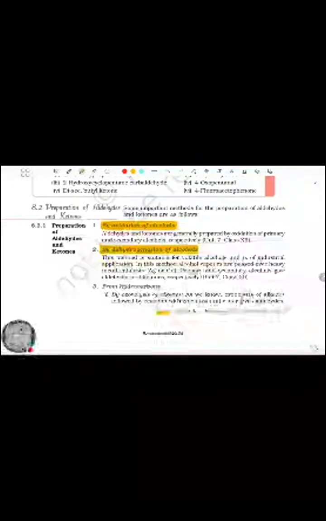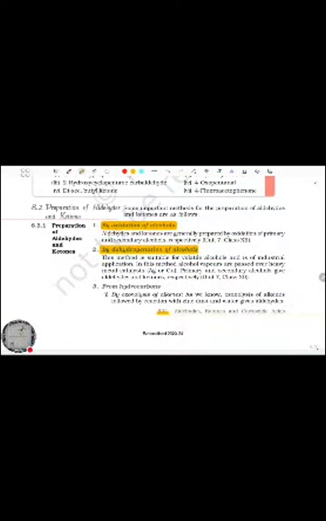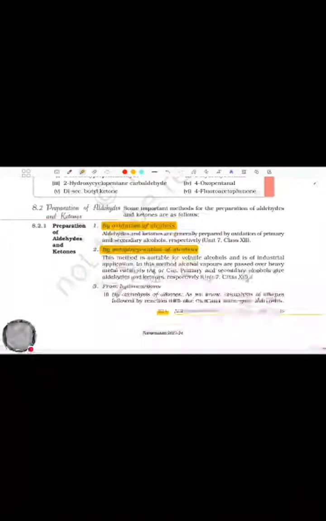Next we'll look at dehydrogenation of alcohols. By the dehydrogenation process, we are creating a double bond between the carbon and oxygen. This method is suitable for volatile alcohols and is of industrial application. So it is applicable only for volatile alcohols, and that's an important part.